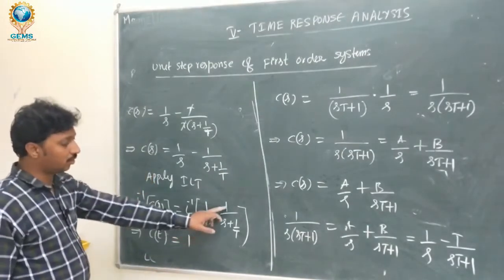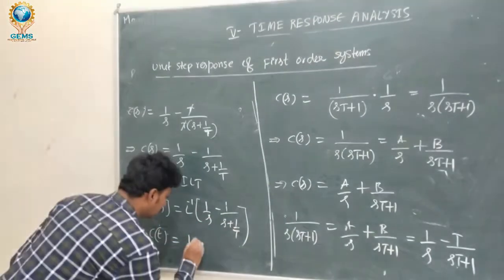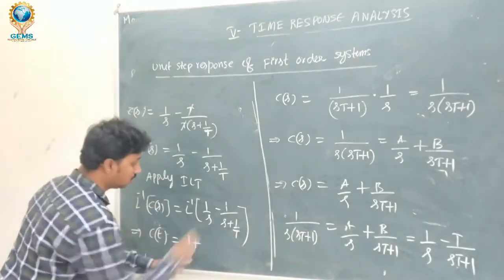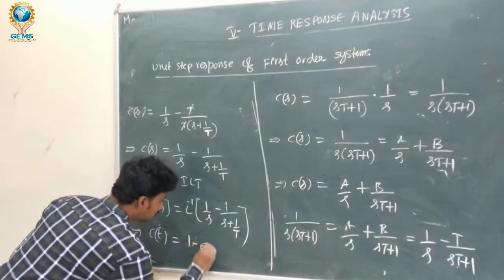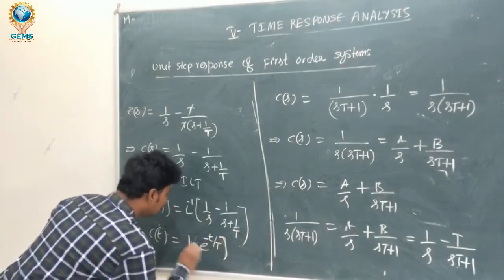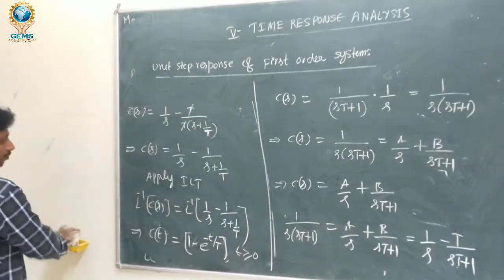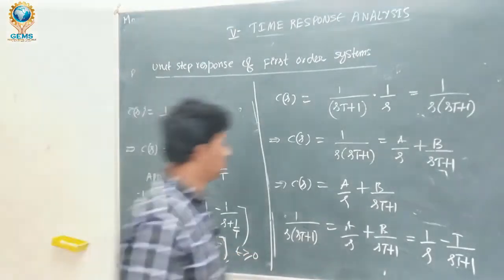L inverse of 1 by S plus 1 by T, you will get 1, already minus is there, so minus e raised to minus t by T. So this is the equation, for t greater than or equal to 0. Right. So this is the response.